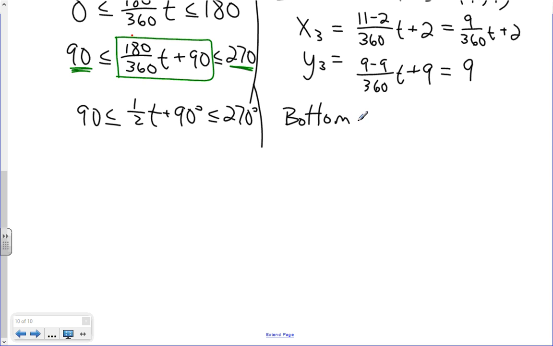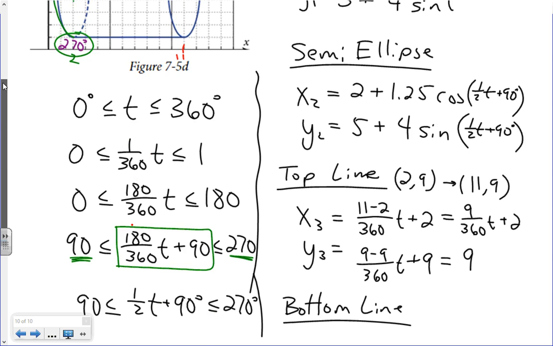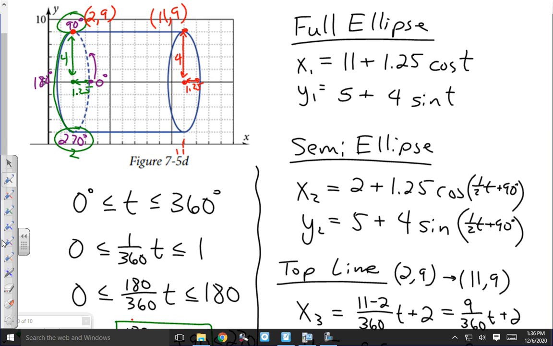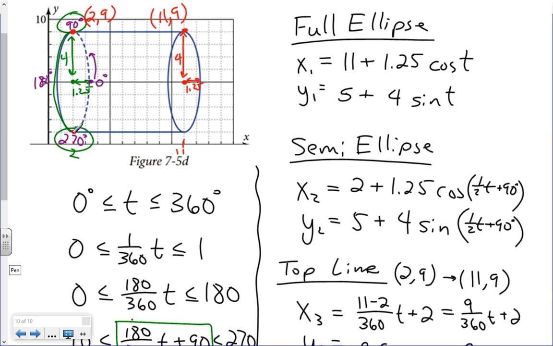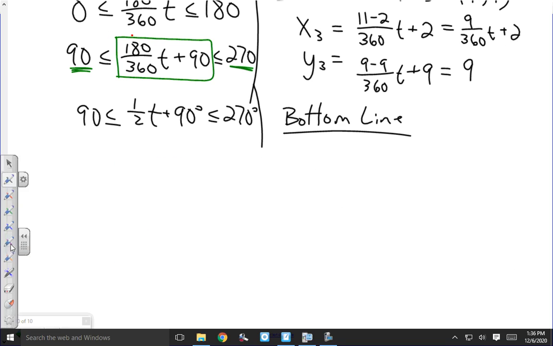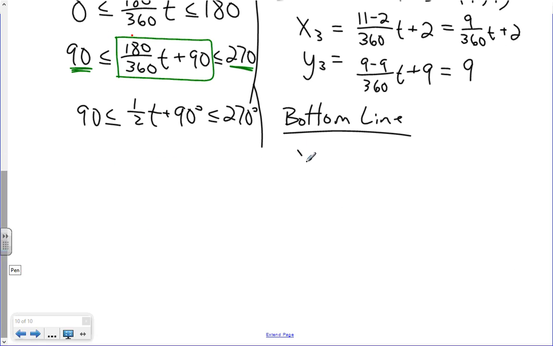All right, let's do one last line here. We got 3 of these down. We got the bottom line to do now. And let's mark what we want here. We're now going from this point right here, which is at 2, 1, to this point right here, which is 11, 1. So there's our AB and our CD. Again, the y value here, because it's a horizontal line, is the easy part, but we'll still write our equation out here.